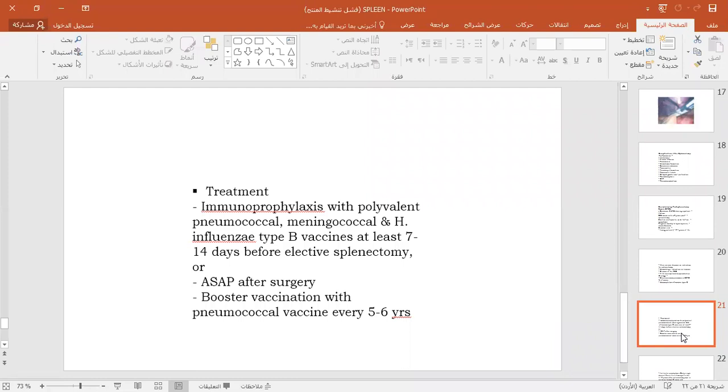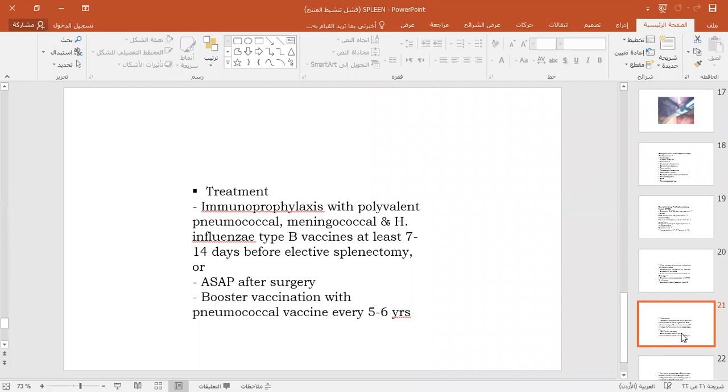Clear? If splenectomy is elective, 7 to 14 days before we give a dose of vaccine, pneumovax and meningococcal and H influenzae type B vaccine, or as soon as possible after surgery.